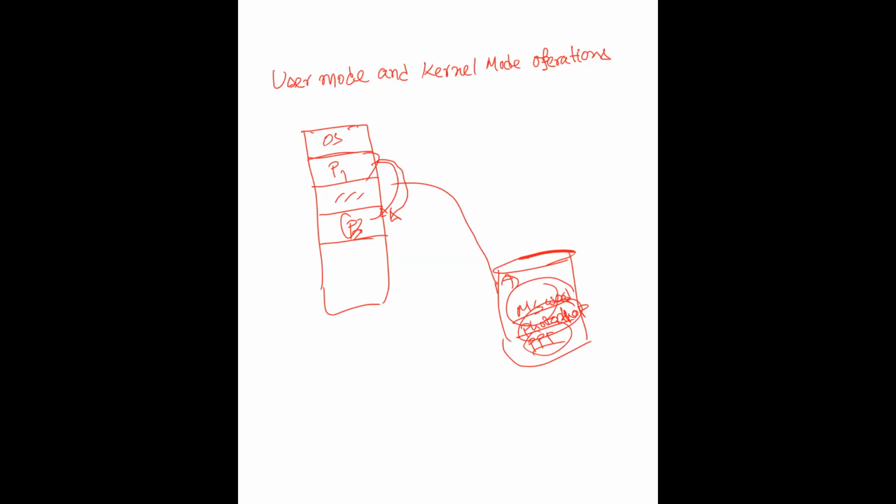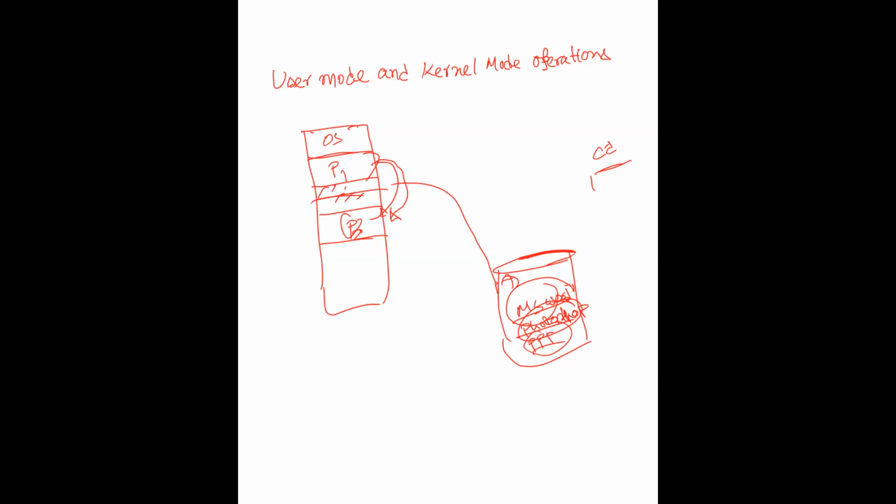When you run a C program on your computer, it is also a process, and it should be inside the RAM or memory during the execution time.